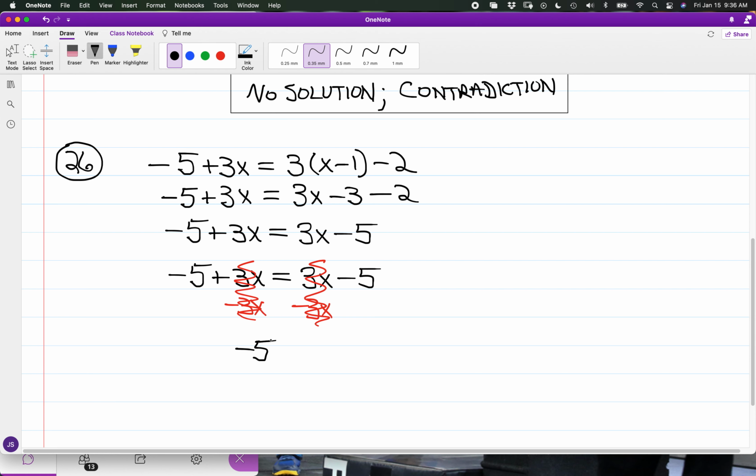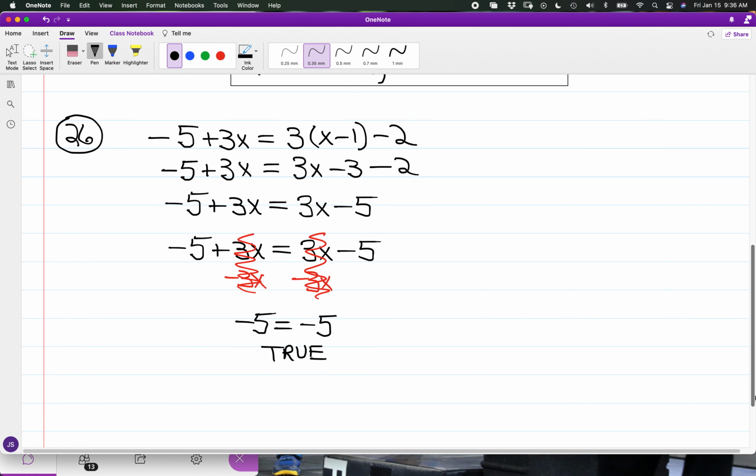And now once again we have numbers that remain, and they are said to be equal to each other. And here, like what we had in number 24, we do have a true statement: negative 5 is equal to itself.